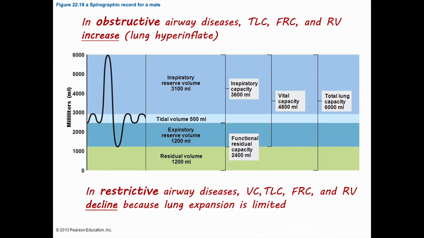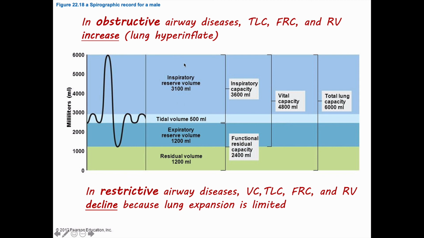I will explain this with the diagram. When an average adult inspires the maximum amount of air, we call it the total lung capacity, that is 6000 ml.